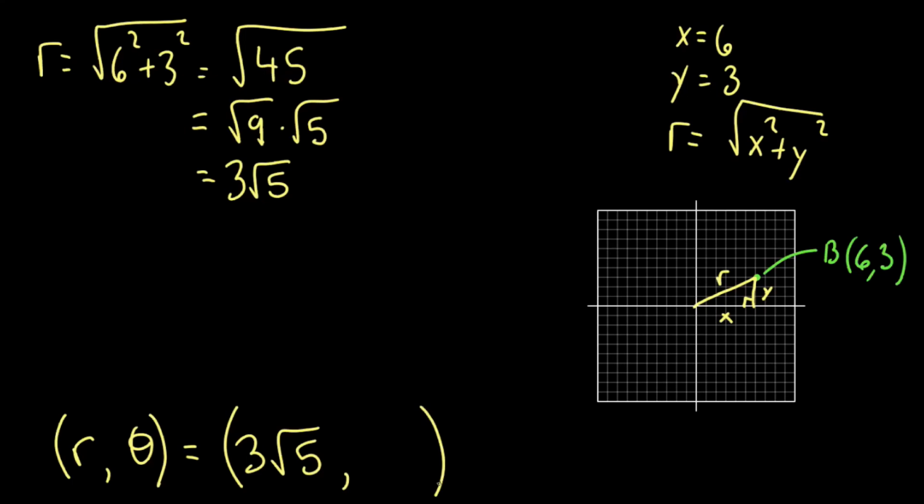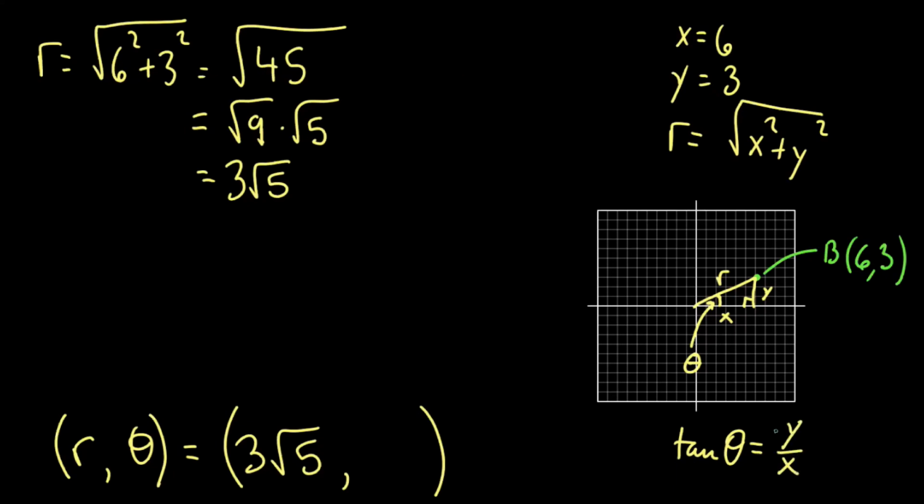But now we need to find the angle. And the way that we usually find the angle is by thinking of an equation. We know that whatever angle this is right here, let's call that theta, I know that the tangent of theta is equal to y over x. Okay.